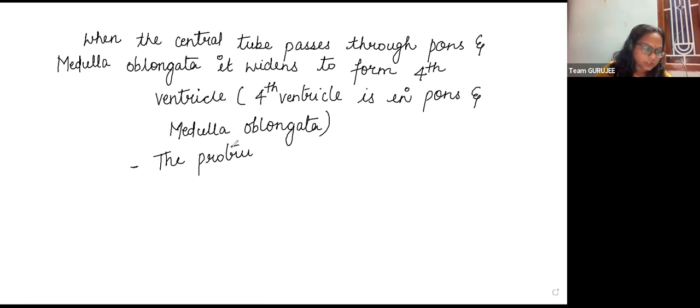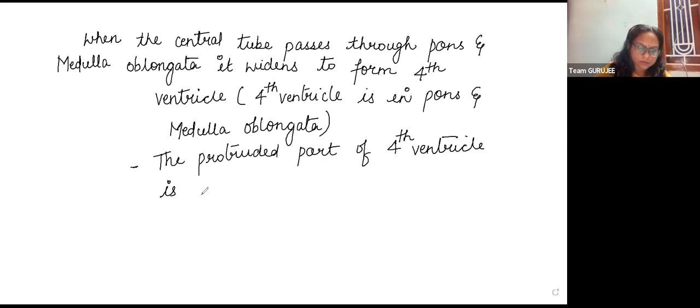The protruded part of the fourth ventricle is inserted in the cerebellum.